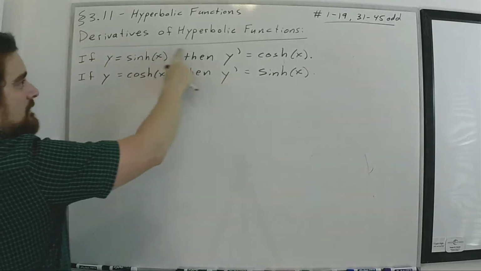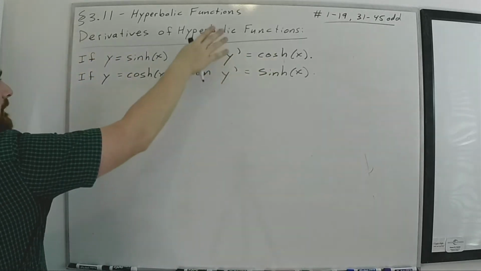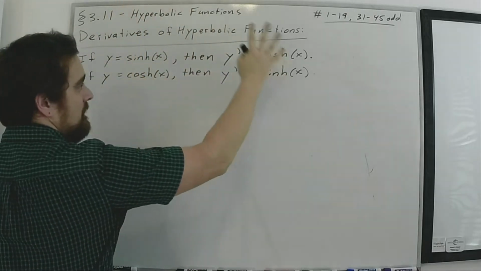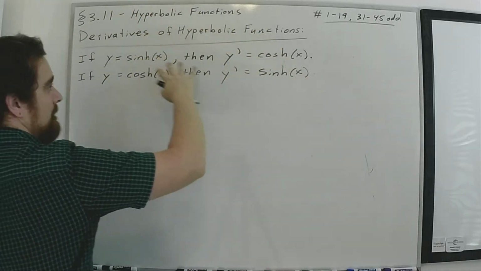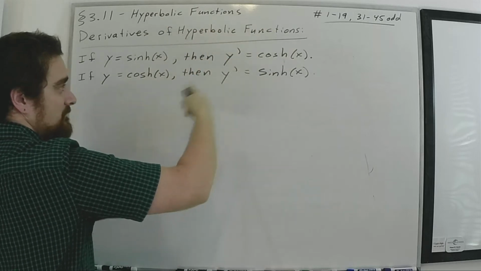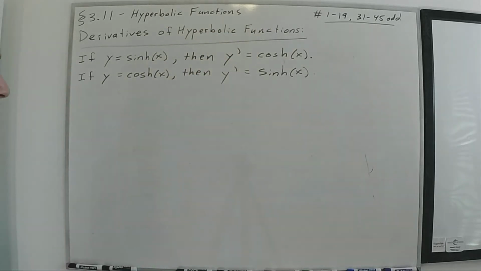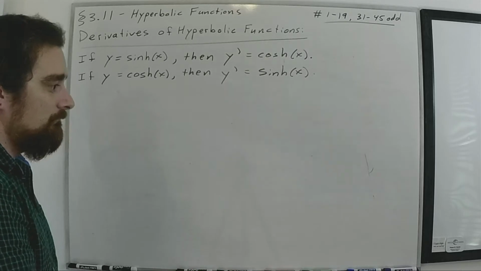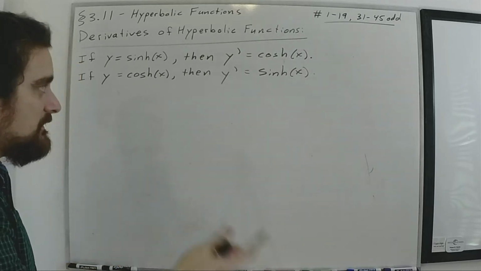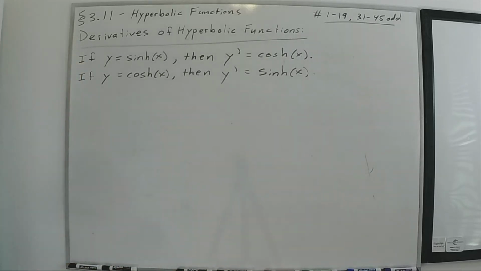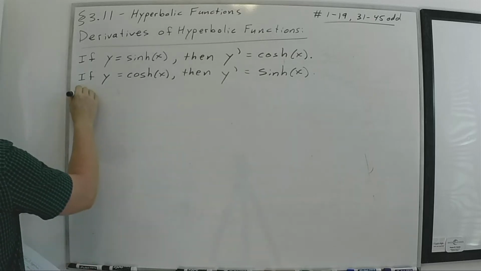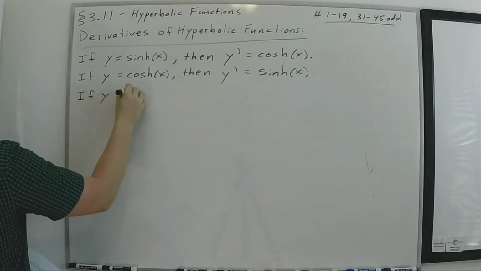I differentiate cosine hyperbolic, I get sine hyperbolic. I differentiate sine hyperbolic, I get back to cosine hyperbolic. They literally just flip-flop back and forth between each other, and they never change sign at all. With the trig functions, they did change sign, and we had to watch out for that. So little differences here and there.